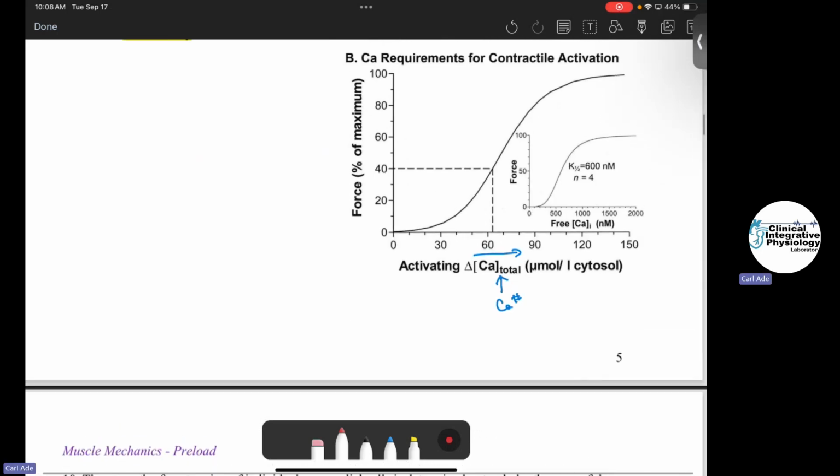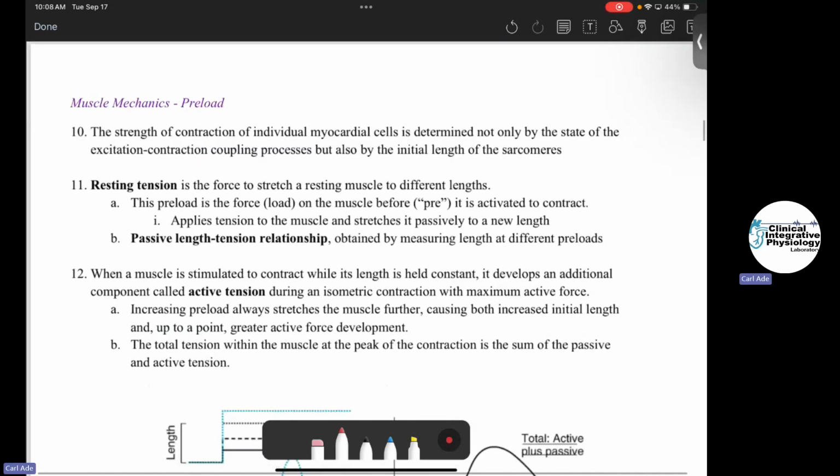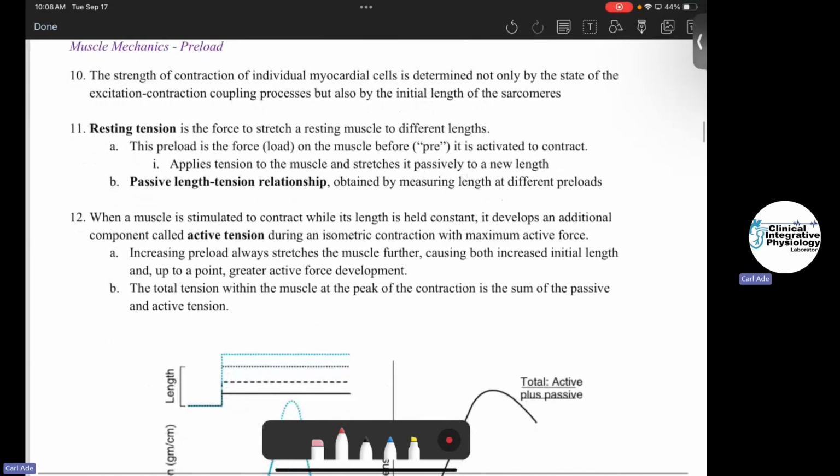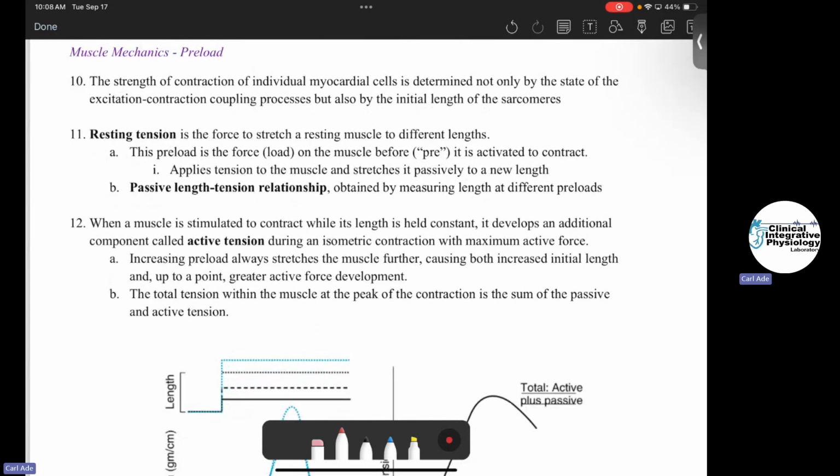So kind of putting that in your back pocket, let's start getting into the concept of preload and afterload and how that dictates the force of contraction, this concept of contractility, a little bit. So we've got this concept that the amount of calcium released drives the excitation contraction.